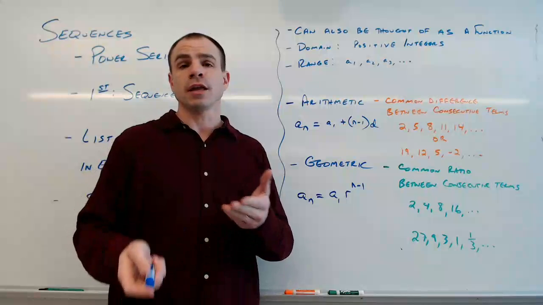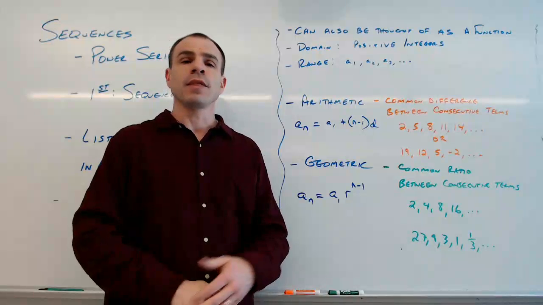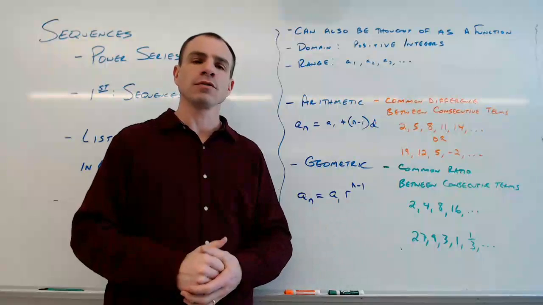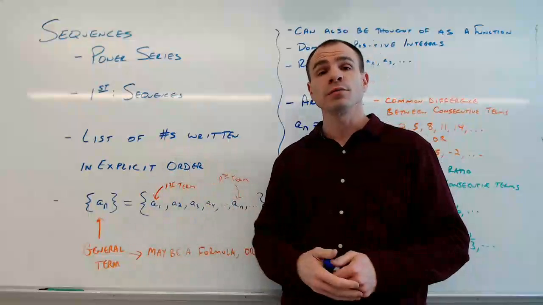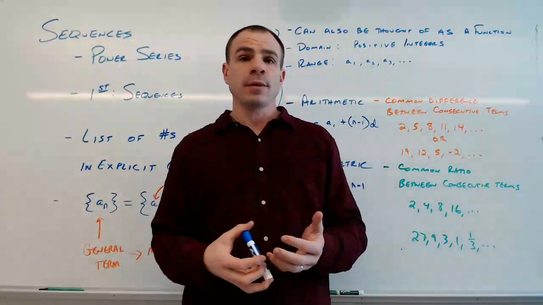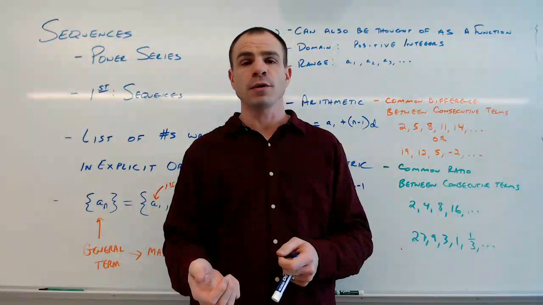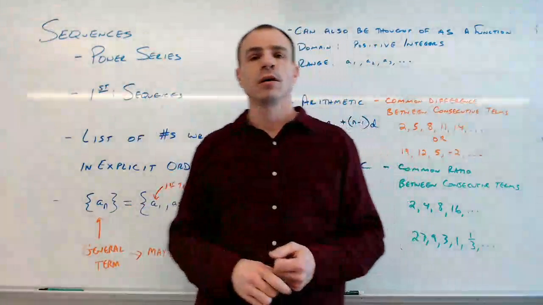And again, that common ratio, positive, could be negative. That's what's driving our next term in our sequence. But ultimately, it's just a list of numbers in an explicit order. So that's the idea behind a sequence. In the next video, we'll do a quick example of finding some terms of the sequence and see how that leads us to our ultimate goal of the power series.